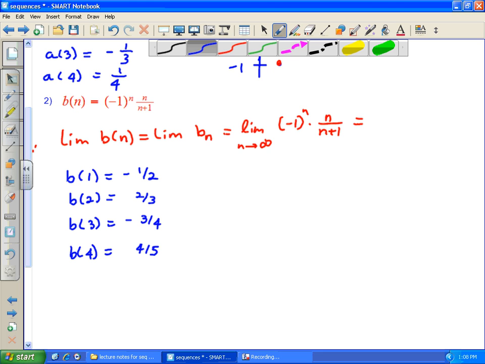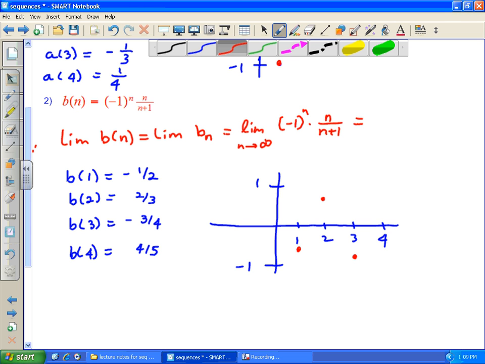And if we were to graph this one, so this is 1, this is -1, and then here are 1, 2, 3, 4, our whole number integer values. At the first term, it was -1/2. Next one was 2/3, so 0.67. Say over here somewhere. Next one was -3/4, or -0.75.